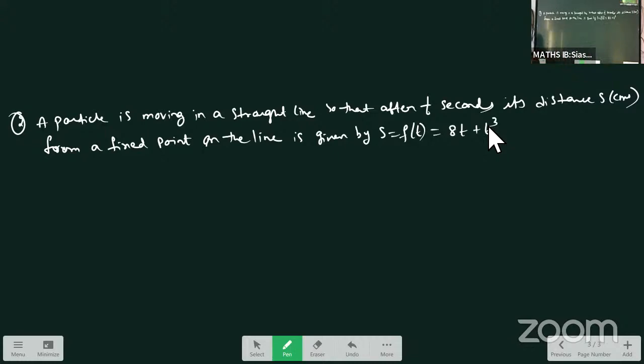There are 3 bits here. First bit, I'm writing in the solution. First bit, velocity, we have to find out velocity at time t is equal to 2 seconds. Then second point, the initial velocity.